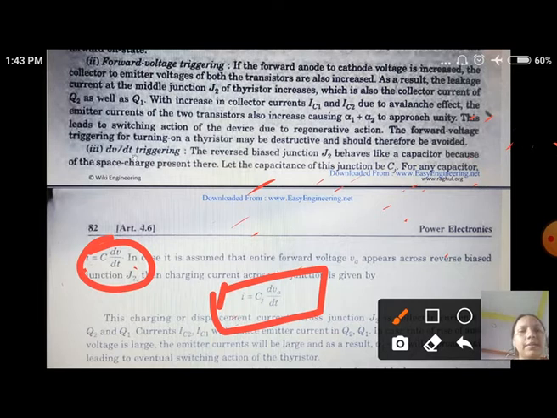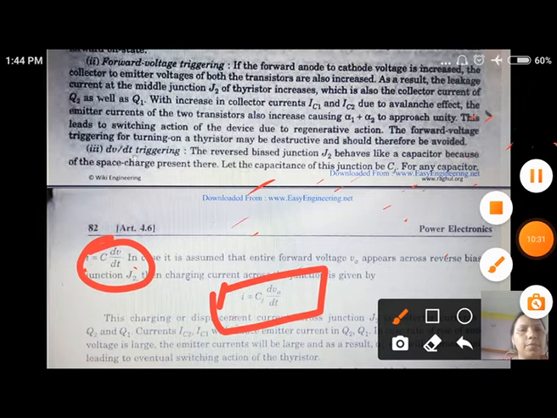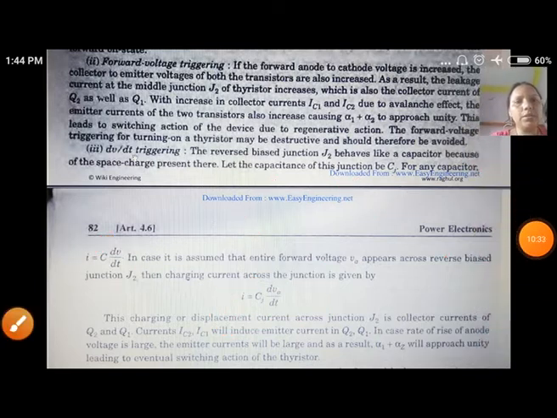So when the space charge exists at junction J2, it behaves like a capacitor, and then a charging current flows through the junction by the formula I equals Cj dVA by dt, where VA is the voltage appearing across junction J2, Cj is the junction capacitance, and I is the charging current flowing through the junction J2.